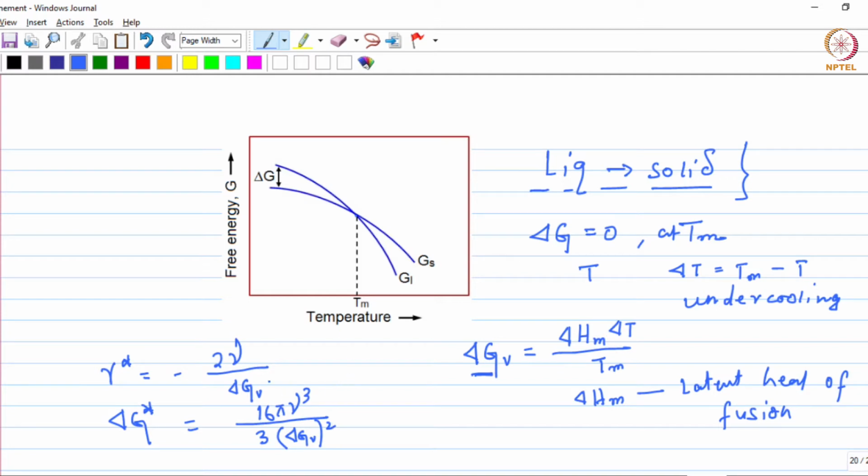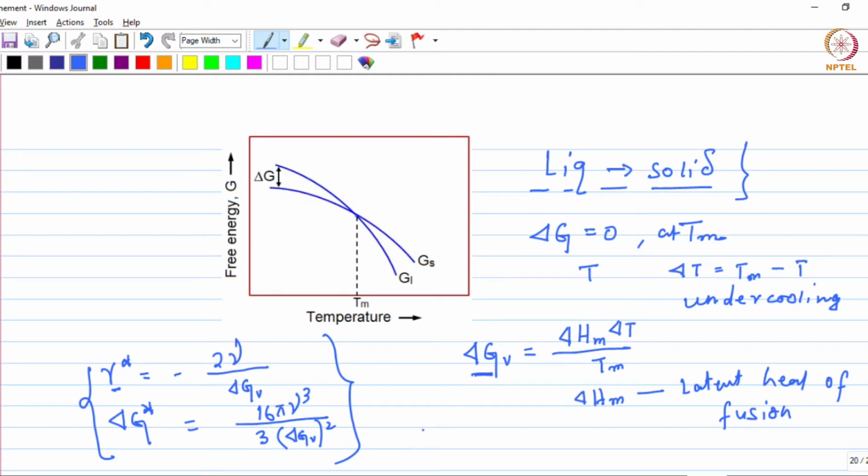So you can see from here that as delta GV increases, both of these parameters decrease, R star as well as delta G star. So what that essentially means is it is easier to form the nucleus because the critical size reduces, so the nucleus can be stable even at lower size, and the energy barrier also reduces, both of which will actually facilitate formation of the nucleus, right?